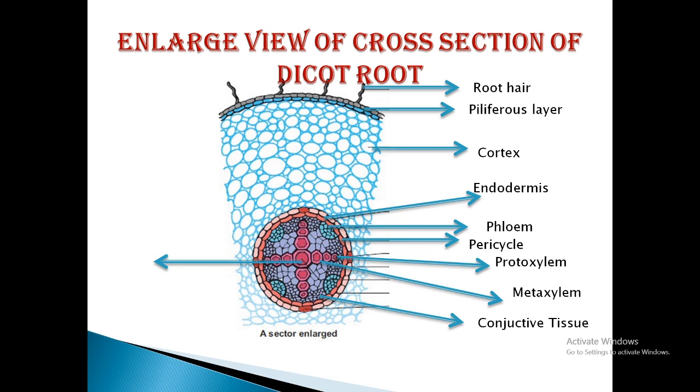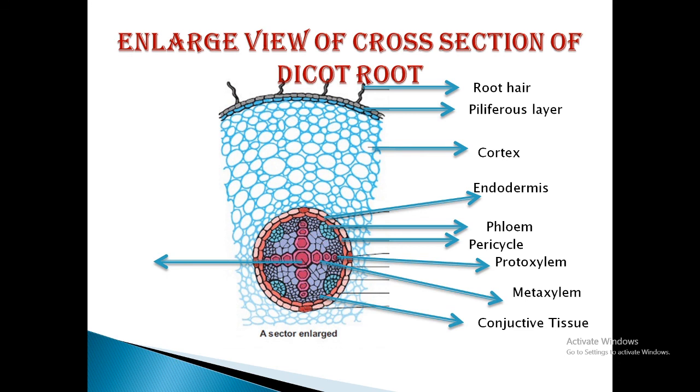So this is all about the sectional view of dicotyledonous root. The xylem strands alternate with phloem strands, and protoxylem consists of annular and spiral vessels, whereas metaxylem consists of reticulate and pitted vessels.